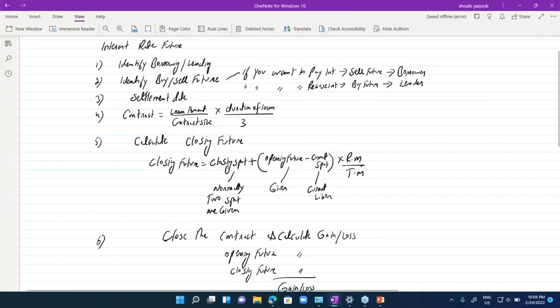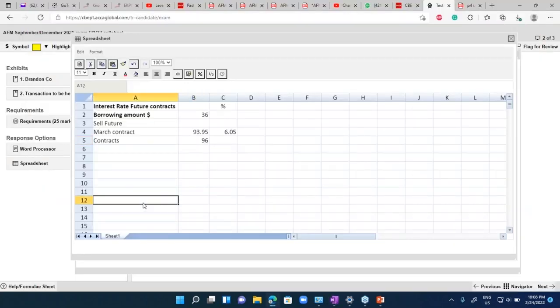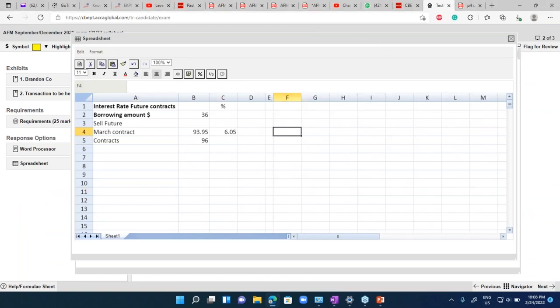Closing future. So identify the closing future formula. Closing spot, opening future minus. You can solve the closing future here by showing the working. First of all, identify the closing spot. It is written here, closing spot will be 6.6.